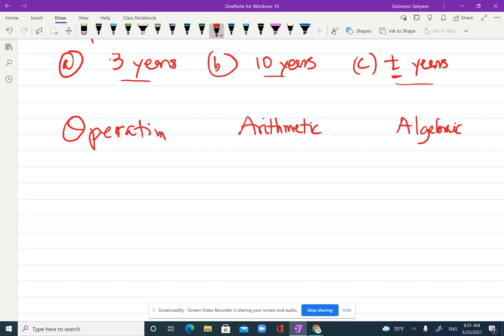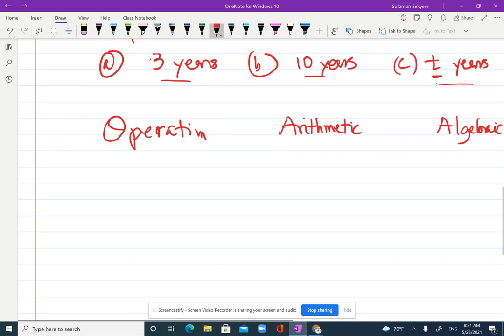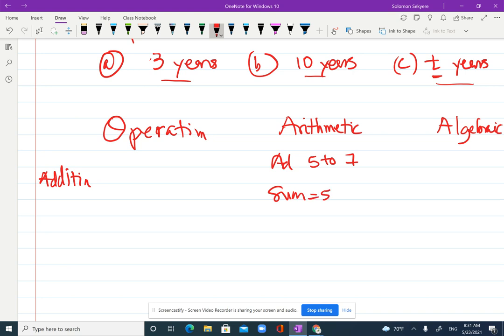Something that's addition: say we add 5 to 7. The sum equals 5 plus 7, or 7 plus 5, which is the same.